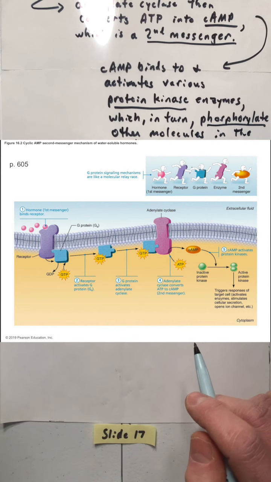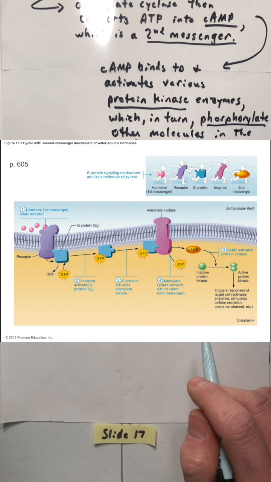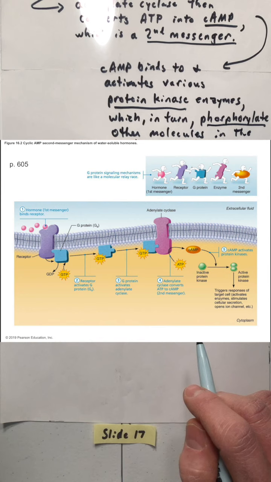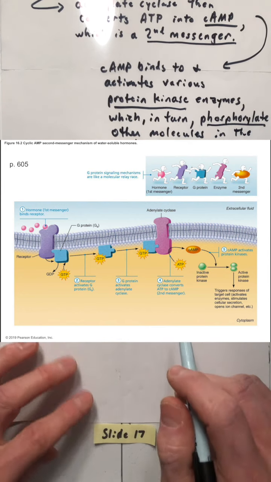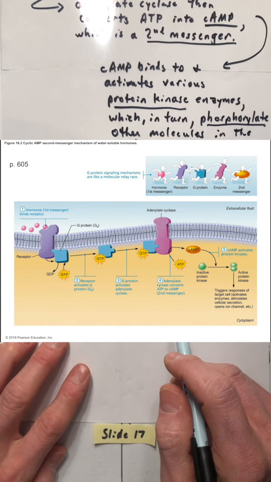And so one single molecule ringing the doorbell on the outside of that cell, binding to one receptor, can have very potent effects inside when it works by a second messenger mechanism.